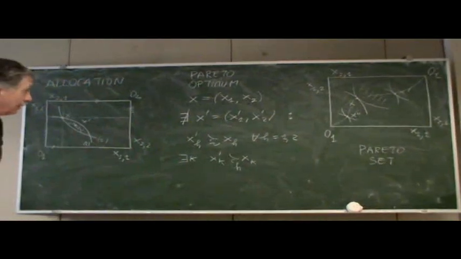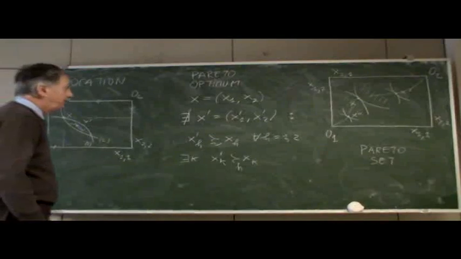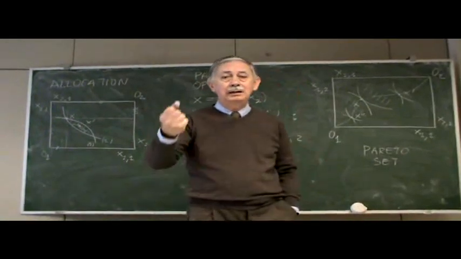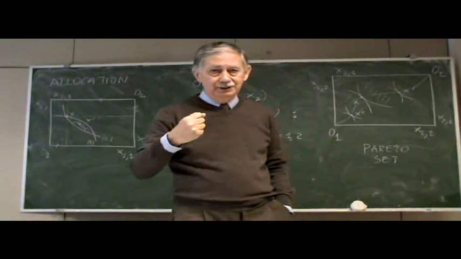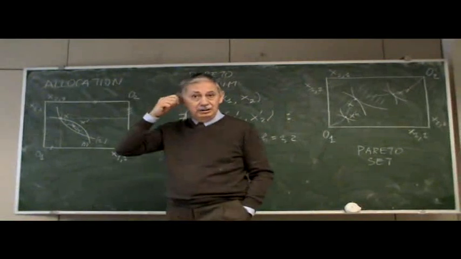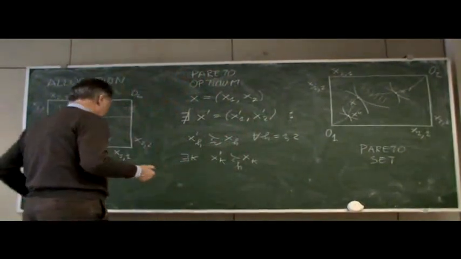Is it clear? Note that in order to define Pareto optima, it is not relevant to introduce the individual initial endowment. It is sufficient to know the total initial endowment of the economy, both of good 1 and good 2.